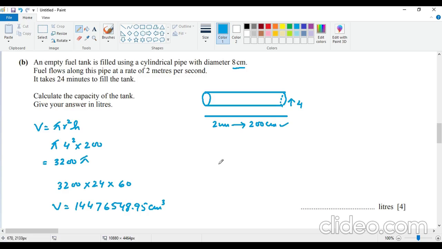Get it? Now we need to convert into liters, because the answer they need is in liters. So divide the whole thing by 1000.